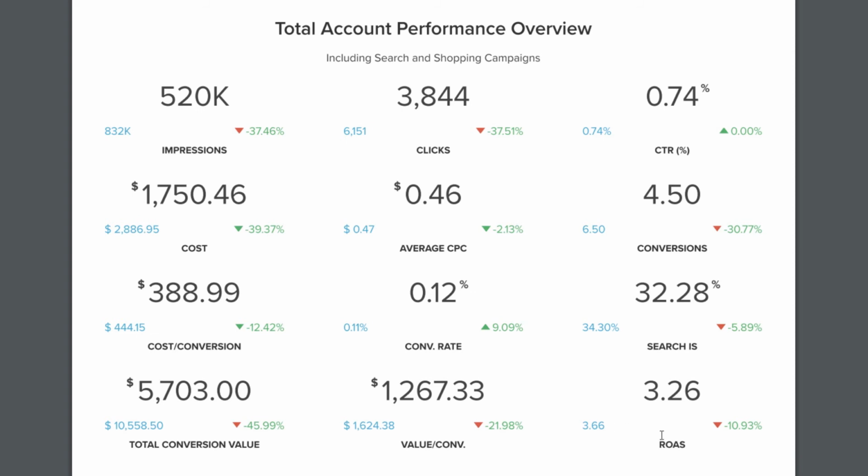Important thing to realize with ROAS is this is just revenue returned for dollars spent in advertising. Obviously, they had cost of their products sold, so this is not telling us if they're making money. It's just a measure of how effective the advertising is month to month. So I can see how it changes. If this goes up to 6 next month, that's great. If it goes down to 1, it signals to me that there's an issue.